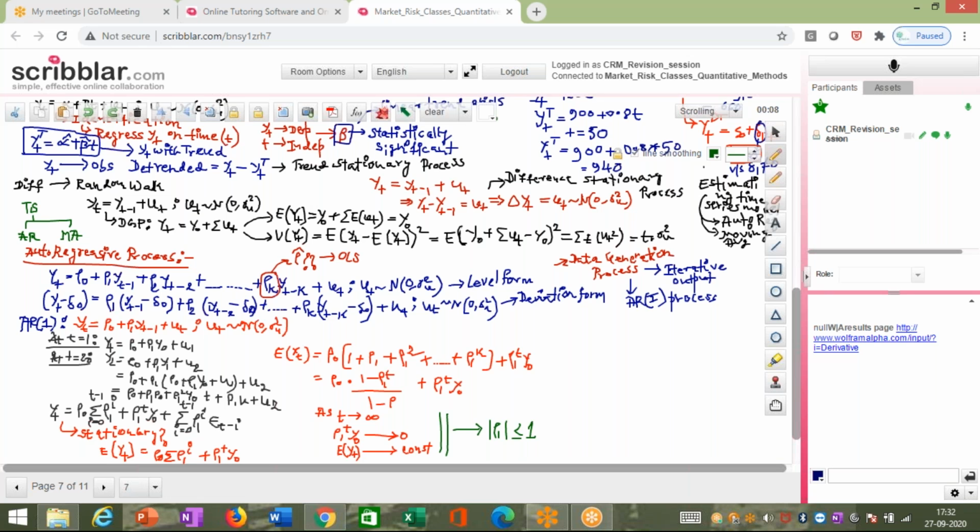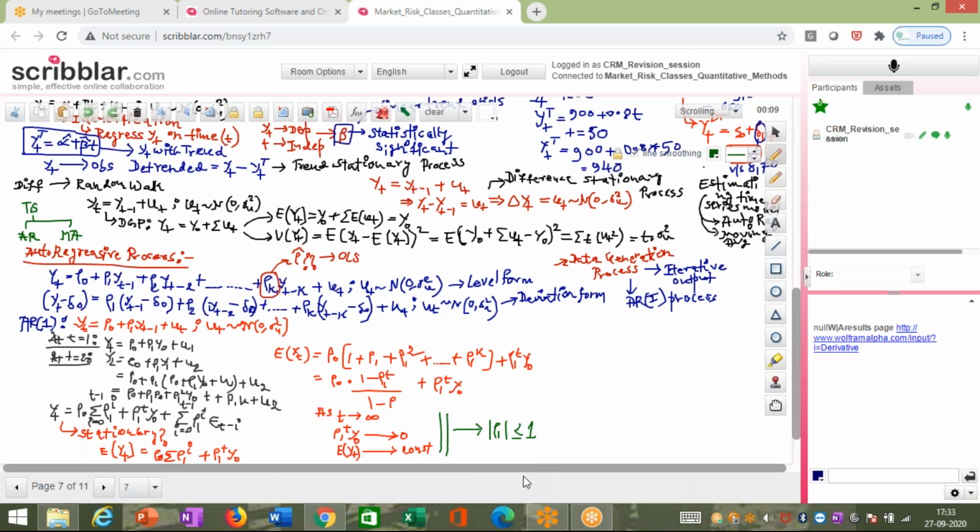So the condition for stationarity of an AR1 process is that mod rho 1 must be less than or equal to 1.